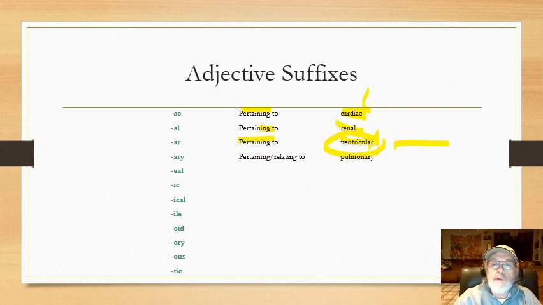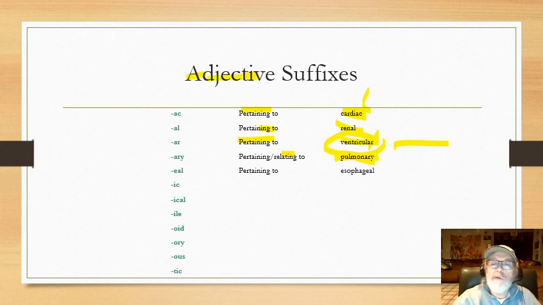ARY, pertaining to: pulmonary. If somebody has a pulmonary neoplasm, neoplasm would be a tumor. Tumor would be the noun. What type of tumor is it? Pulmonary. Because pulmonary describes a noun, it becomes an adjective, and ARY makes it an adjective, okay?